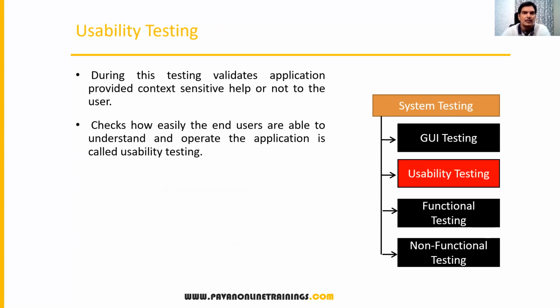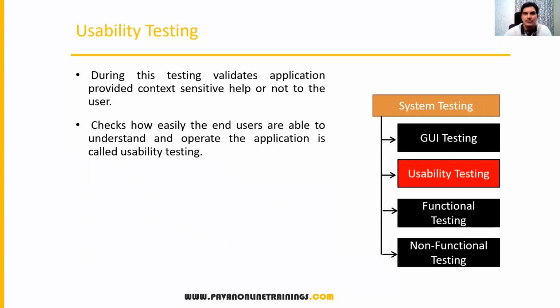Usability means the easiness of the application. Suppose you provide some application, some software to the user, they should be able to use it in an easy manner, right? You should not feel like it is very complex. So you should feel the easiness from your application. That is basically called usability.